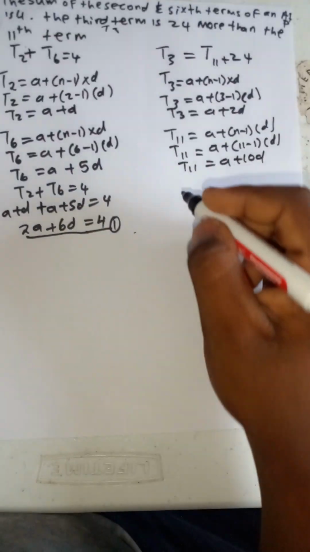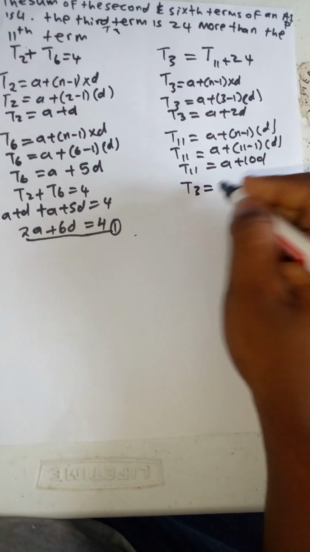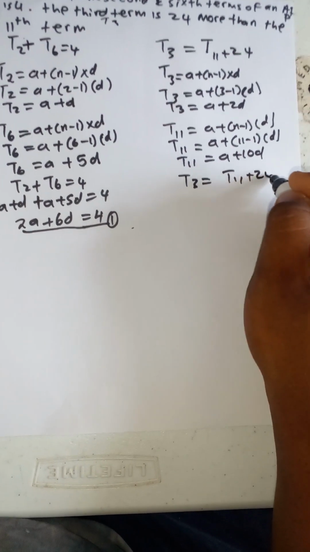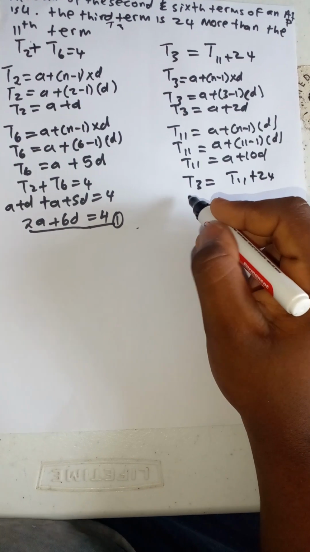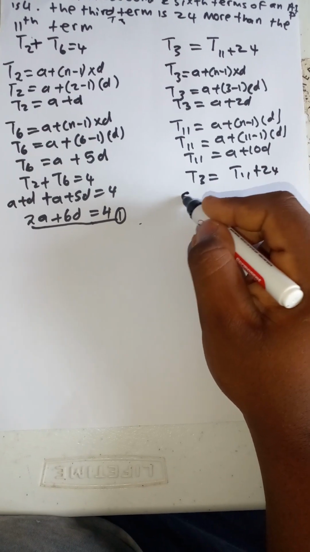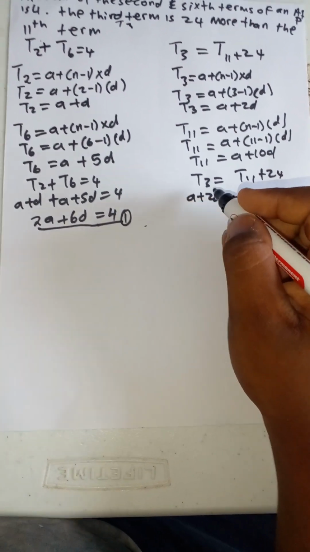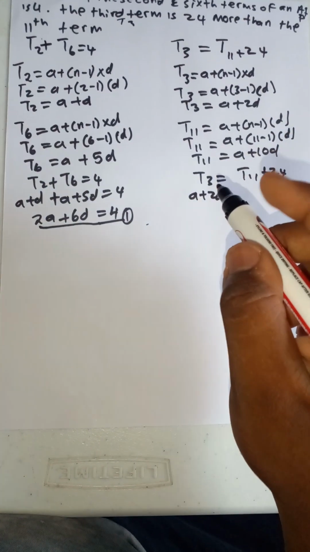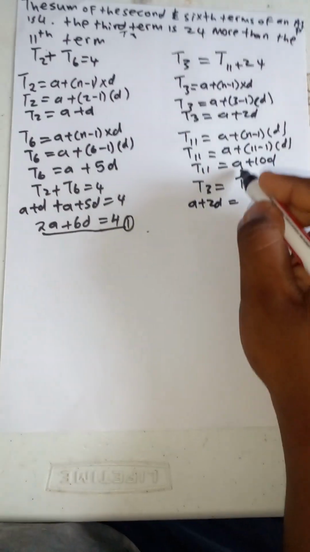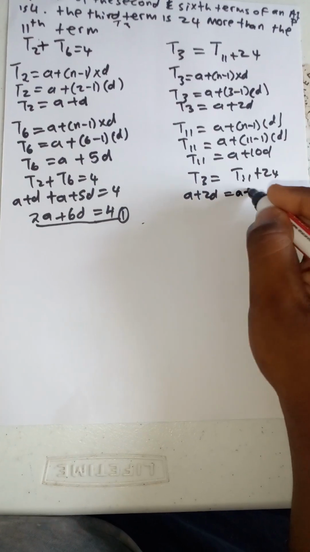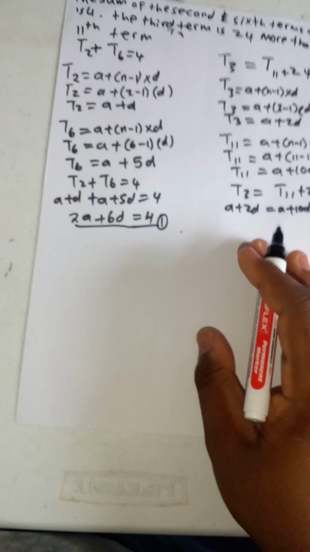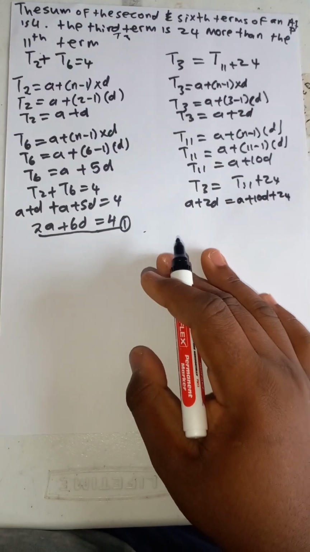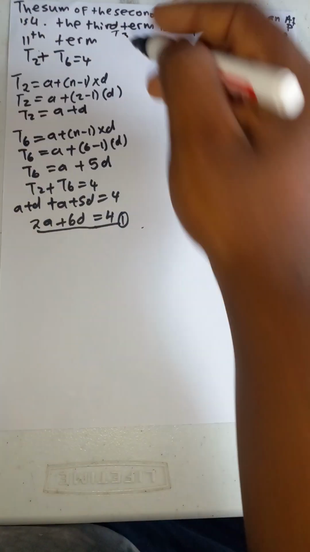Now let's do what I just said. We have T3 equals T11 plus 24. T3 is a plus 2d, and that equals T11, which is a plus 10d, then plus 24. Oh, I forgot to tell you the question.